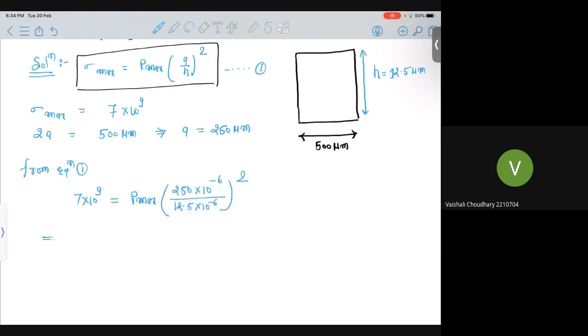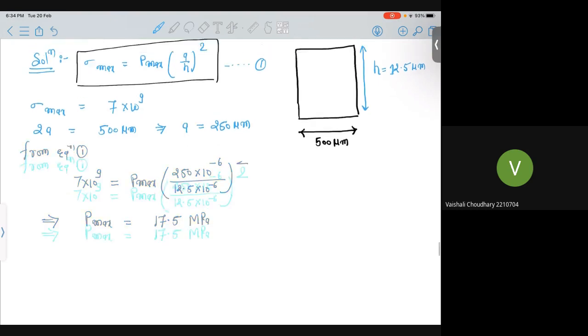So if you solve this for maximum pressure, you'll get 17.5 megapascal, right?